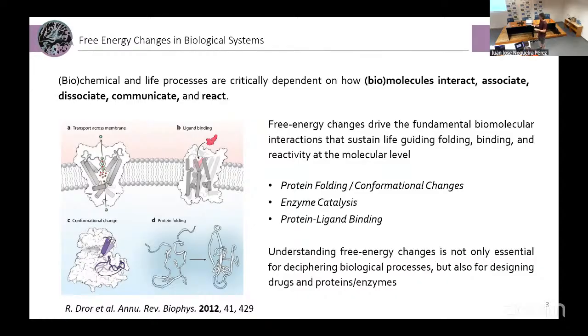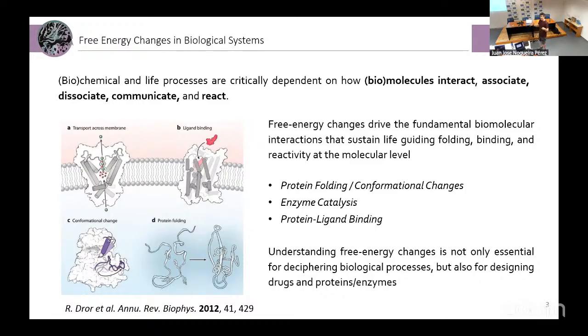And what is important is that free energy is really important to determine the outcome of these processes. So for instance, if we think in molecular biology, there is a free energy change when there are molecules that cross through membranes, in the process of ligand binding, when a protein experiences a conformational change, or when proteins fold. Okay, so there are a lot of different processes that involve changes in free energy.